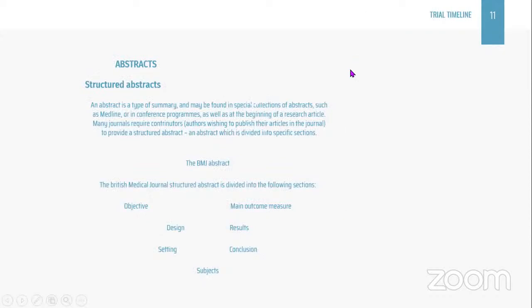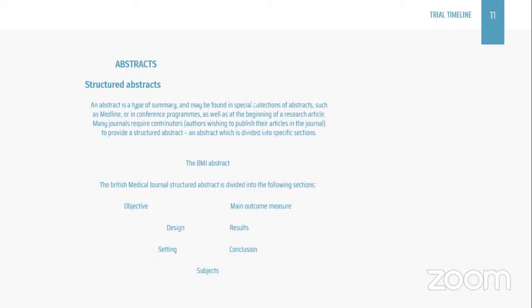Claudia, can you read this part, please? Yes, teacher. Abstracts. Structured abstracts. An abstract is a type of summary and may be found in special collections of abstracts, such as medicine, or in conference programs, as well as at the beginning of a research article.